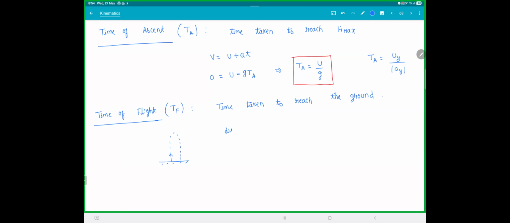So displacement is 0 because you came back to the same point. We'll use s is equal to ut plus half at square. I am sure you have seen this kind of stuff in school. 0, this is u, time of flight, minus half g time of flight square. We get time of flight is equal to 2u by g. Also can be written as 2uy by ay. But be careful, this formula is valid only if you come back to the same level of projection.